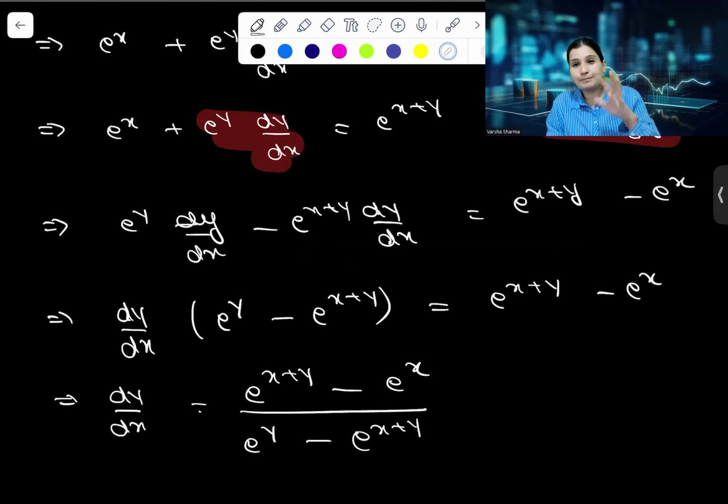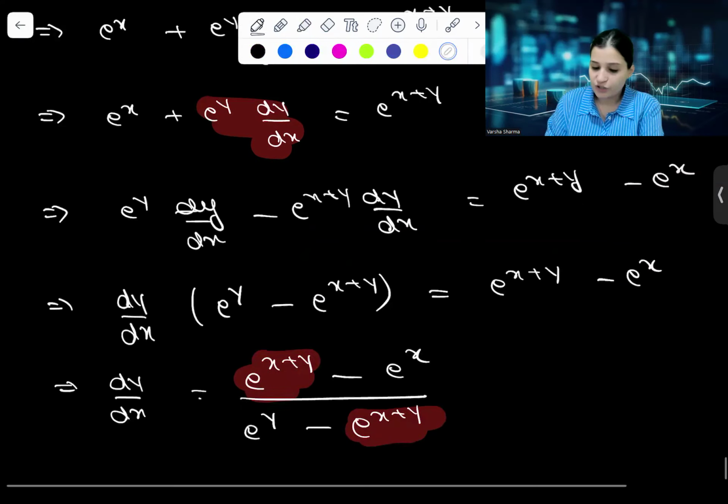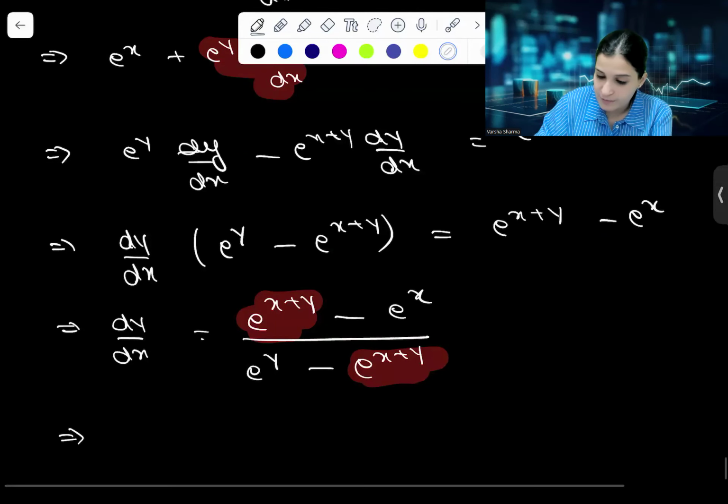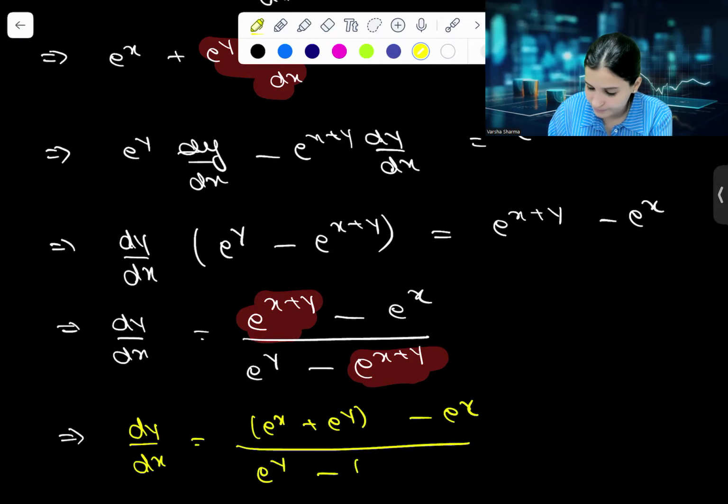We wanted such a simpler term. So what we will do is, instead of this term, can't we substitute from the question? In the question, what was written instead of e power x plus y? e^x plus e^y. So from the question, I have substituted this. Any problem?